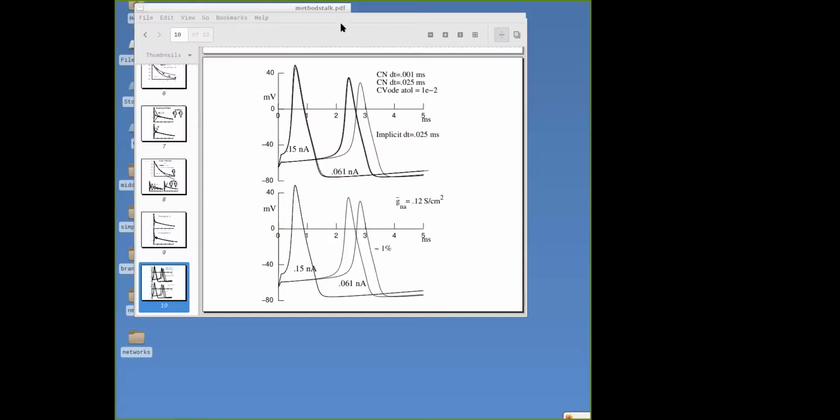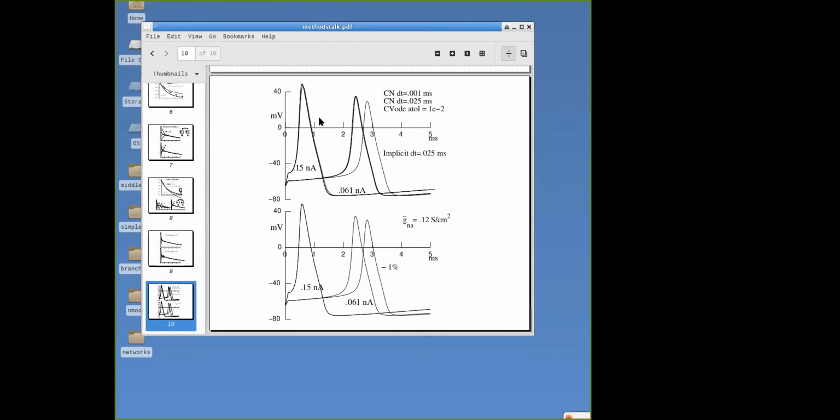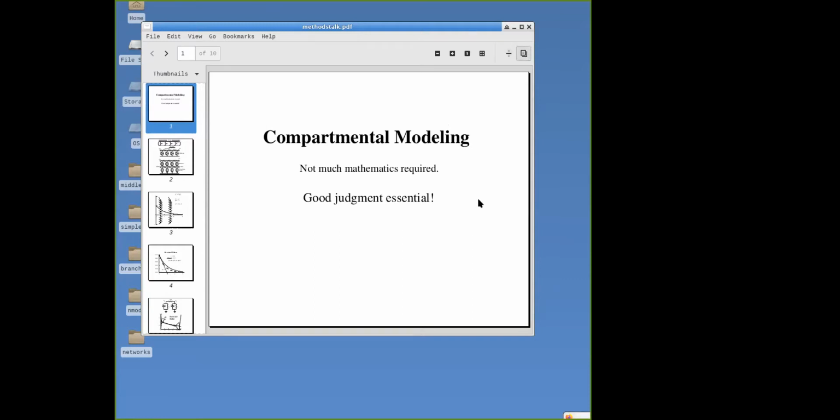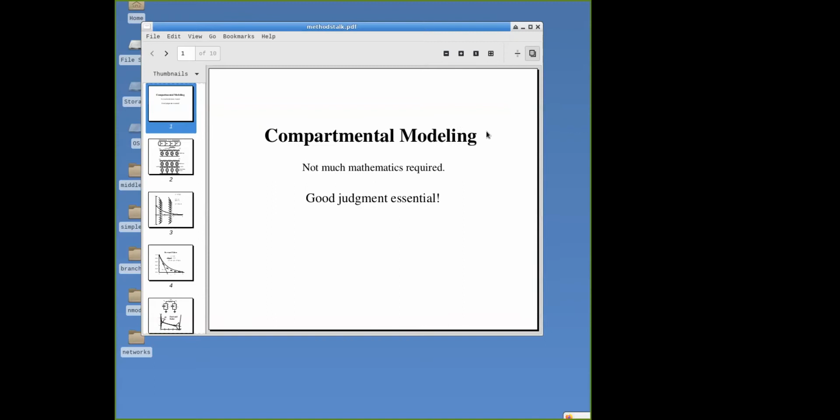And let me share my screen. Okay. All right. As you can see, I've only got 10 slides here, so how difficult can it be to breeze through?